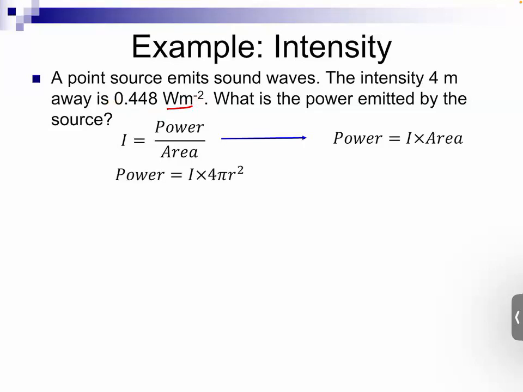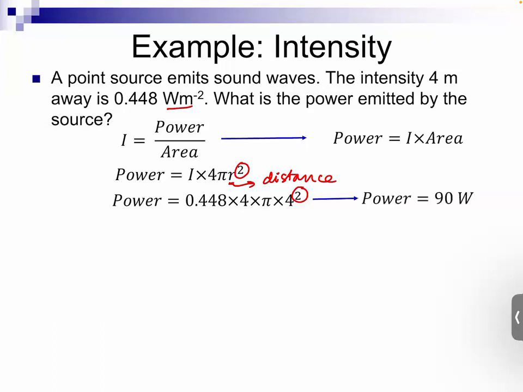And the area is the surface area of a sphere, because sound propagates as a sphere originating from the source. So it's the intensity times 4 times pi times R squared, where R is the distance from the source. Don't forget to square the distance. All right, so the power is 90 watts.